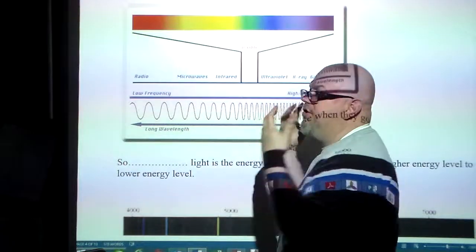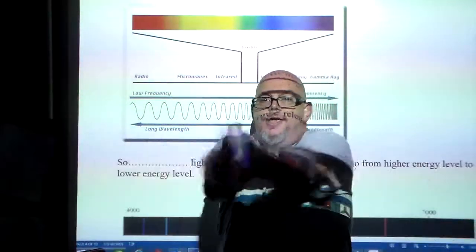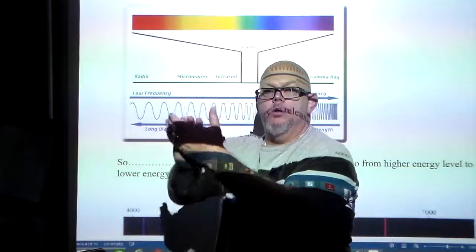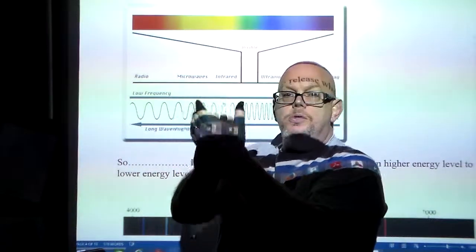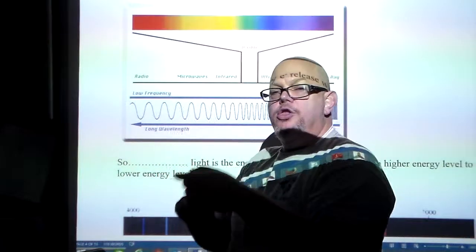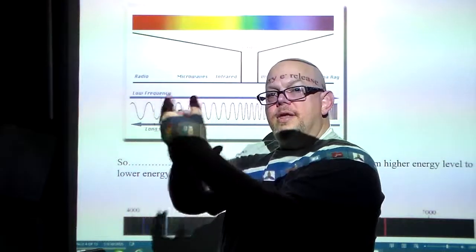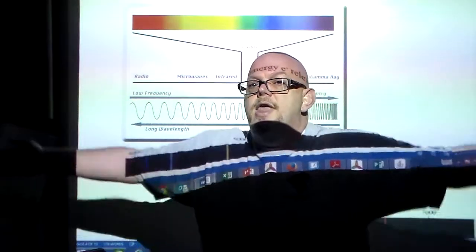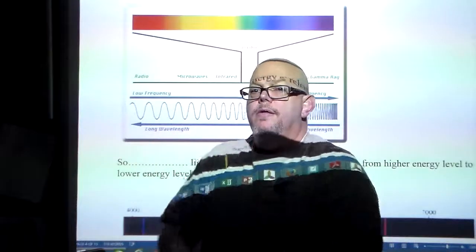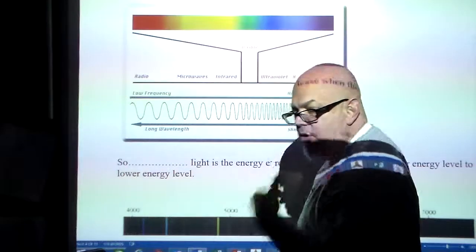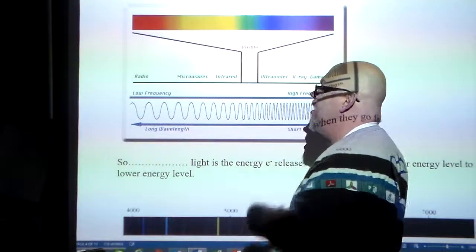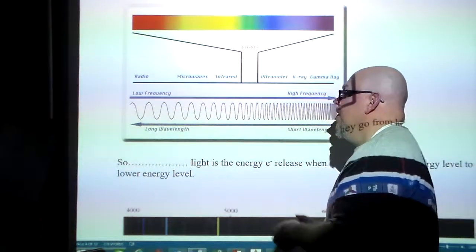Which one do you think is going to have more energy? If you picked this one as having more energy than this, you are right. That is, in fact, more waves. More energy, more waves pass by.